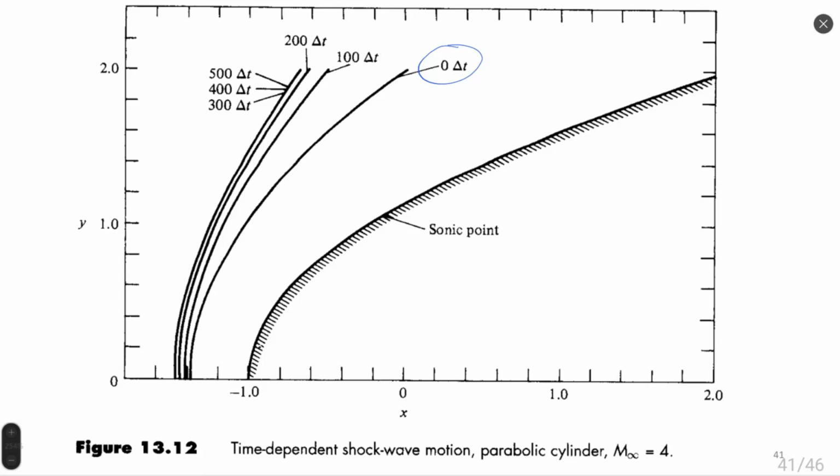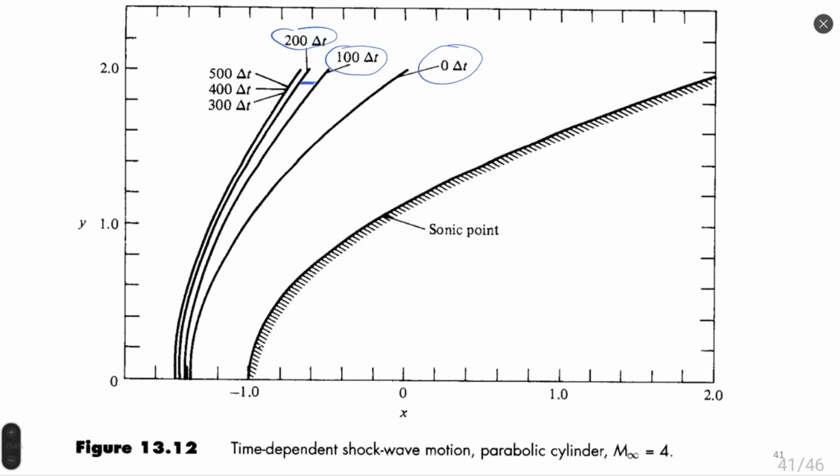Then after 100 time steps, our shock wave has moved with respect to the initial one. After 200 time steps, as you may see here, this movement of the shock wave slows down. It moves a little, right?